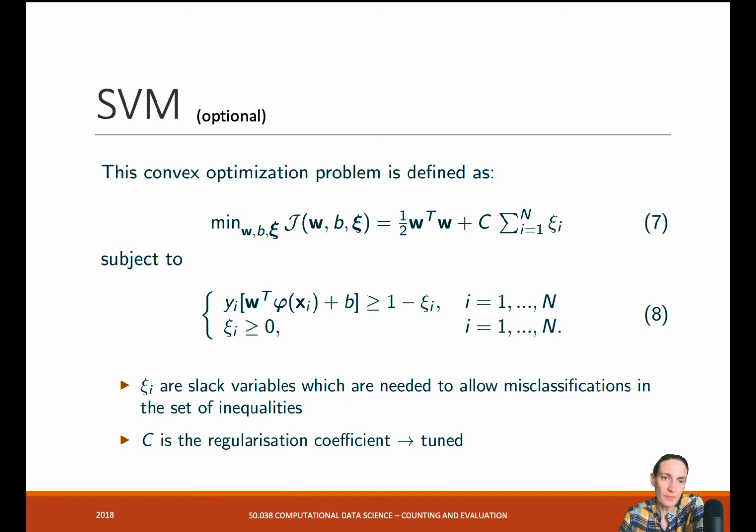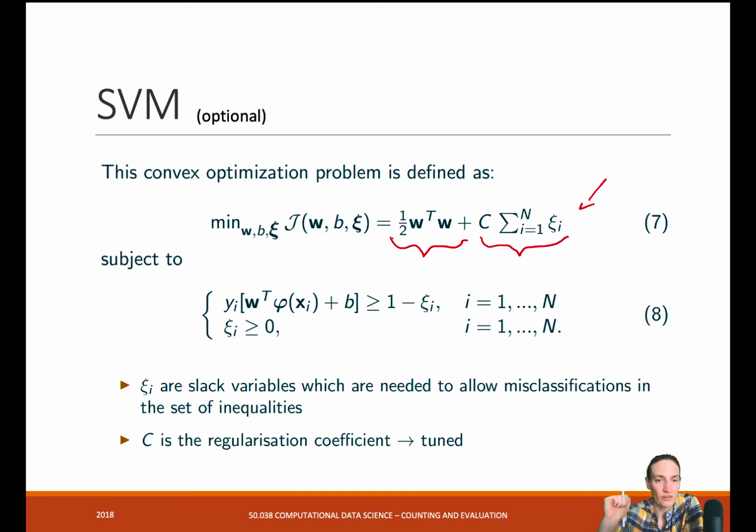So the convex optimization that we use to train the SVM is defined as follows. We are minimizing the margin, which is expressed here, and we have a second term that basically does regularization. For this regularization, we include some slack variables that are needed to allow misclassifications in the set of inequalities.